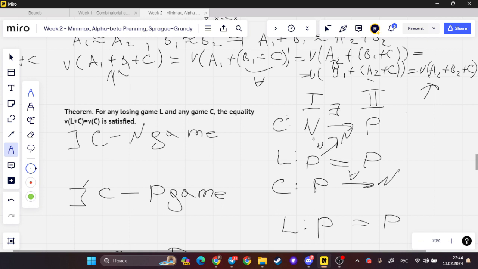In the first situation we transform all games to P games, and that means the second player has a P game and a P game, and whatever move he makes he loses.